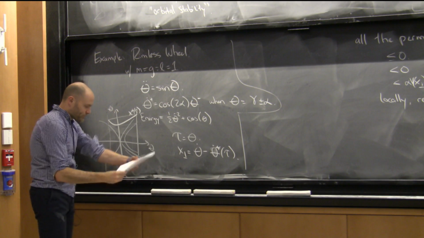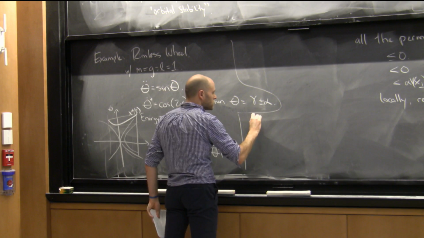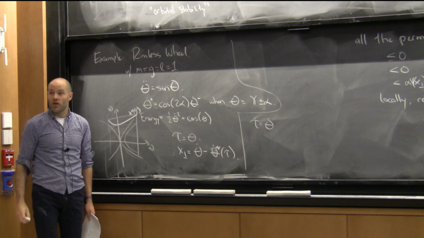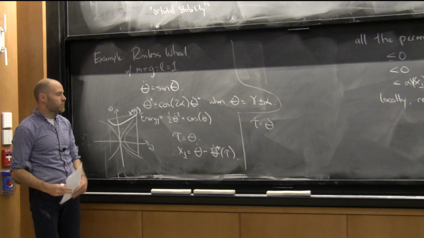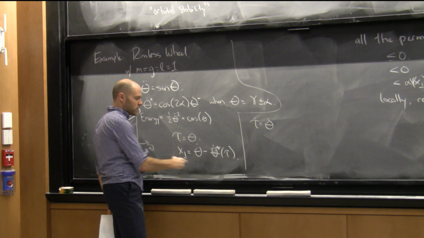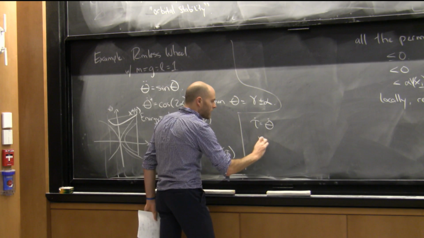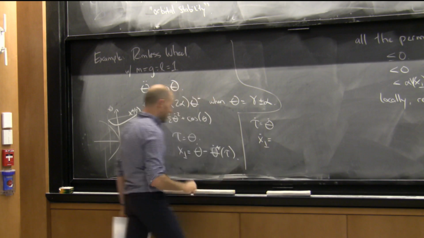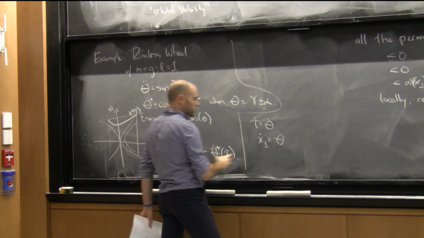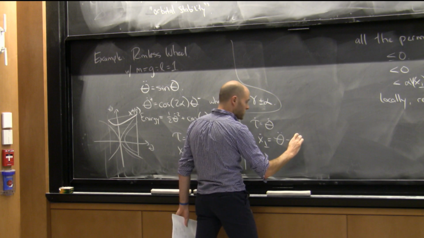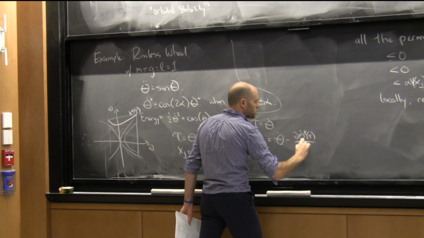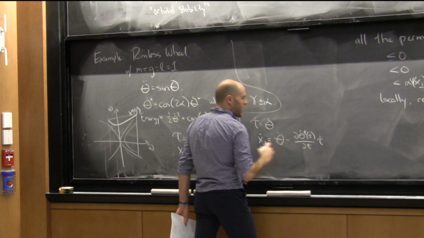Okay, so what does tau dot look like now? That's just theta dot, right? What are the dynamics on my transverse coordinates? Tau dot is just theta dot. I'm just taking the derivative of that equation. X perp dot is theta double dot plus the derivative of this, minus partial theta dot star tau partial tau dot, which I can insert here.